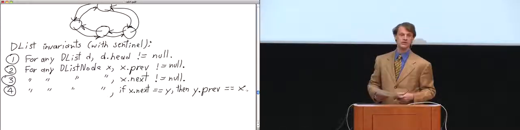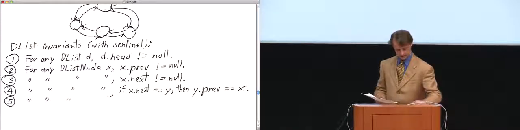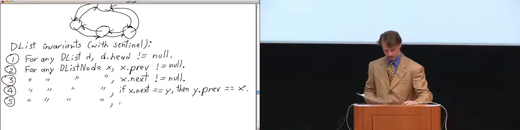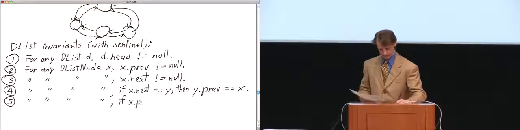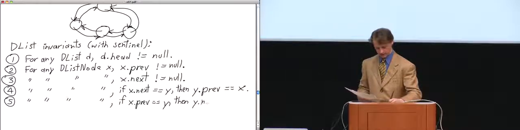Otherwise, you have not linked your nodes correctly. And that condition also has a mirror image. It goes both ways. If x.prev is some node y, then y.next had better point back to x.